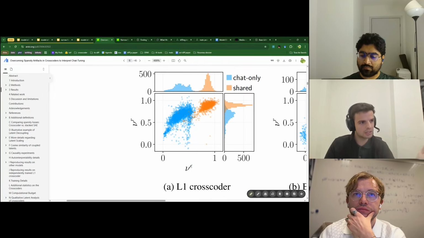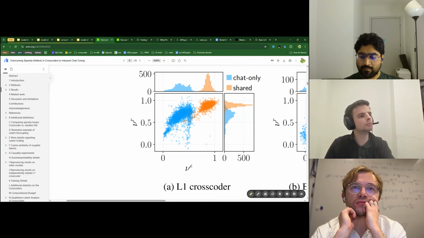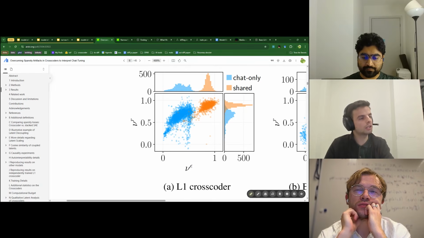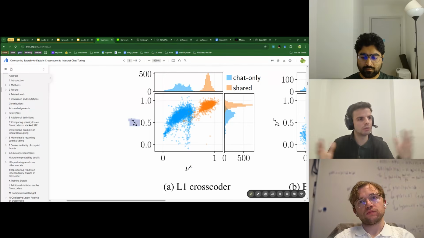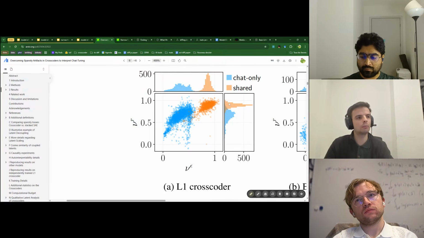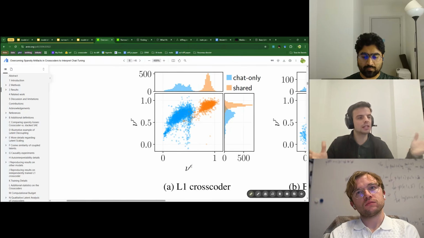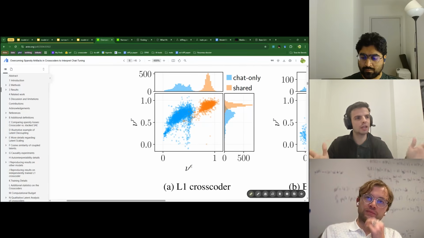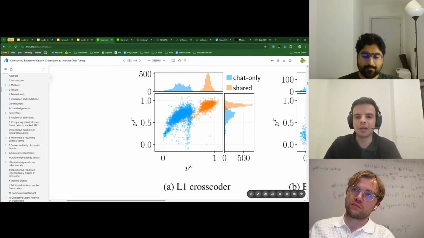What we saw is that there are quite a few latents that have some complete shrinkage at different degrees, and also some latents that, according to our latent decoupling metric, behave as if they were shared features. Which means they are basically not specific at all to the chat model.